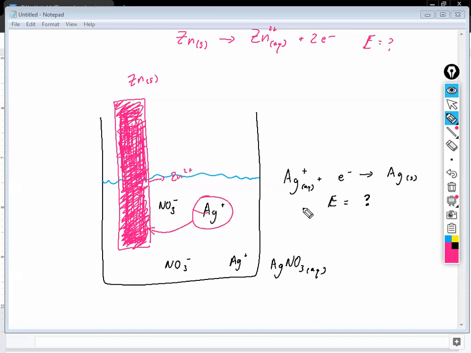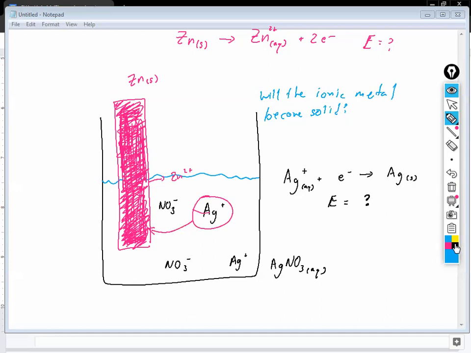So the question becomes, will the ionic metal become a solid? When you stick a piece of metal inside an ionic solution, it has the potential to give electrons, right? And if the silver ions gain electrons, they can become solid.